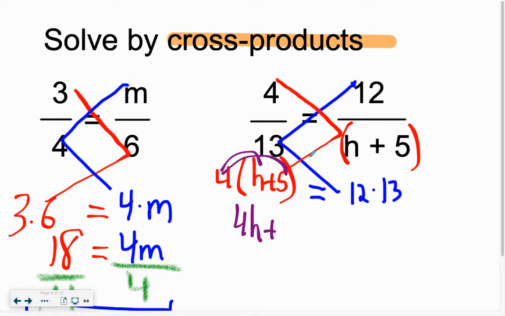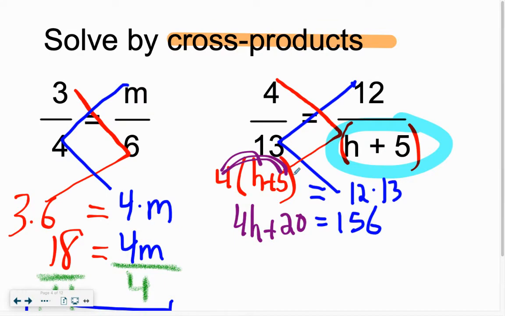That's why we need to put parentheses right here, because sometimes we'll just do 4h plus 5. That is very close and good thinking, but remember that it's 4 times 5, which gives us 20. And then mental math or calculator approved, 12 times 13 gave us 156.